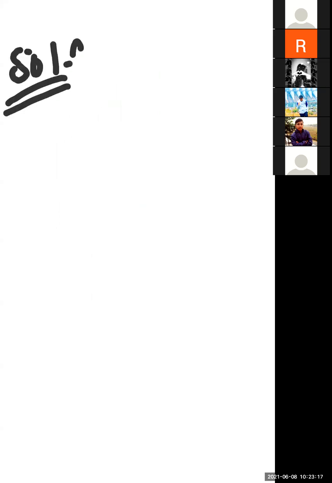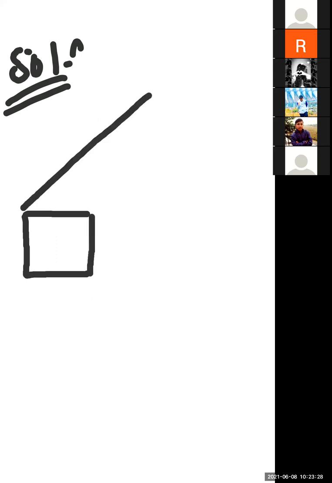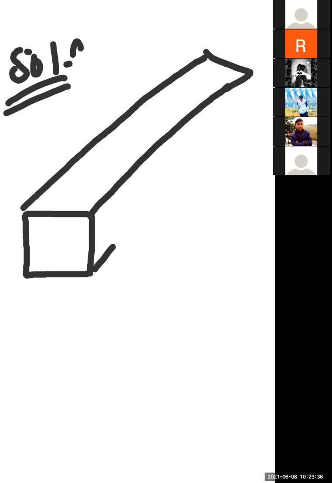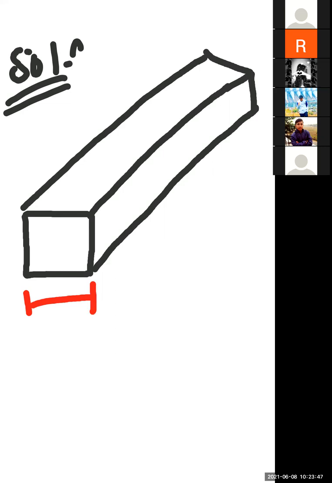Then we start solving this question. This is your beam section where this dimension is 300 mm according to your question.